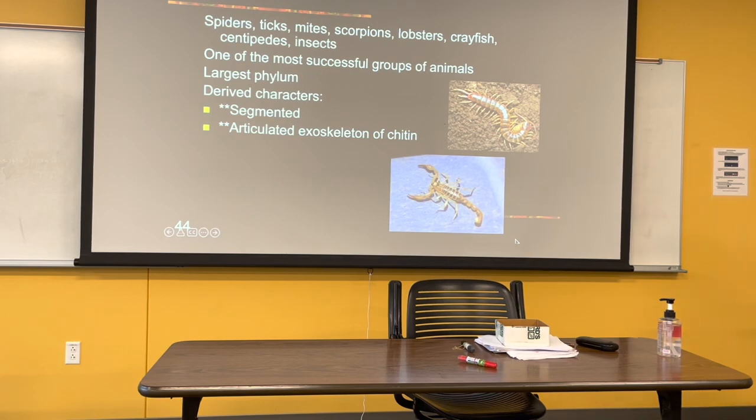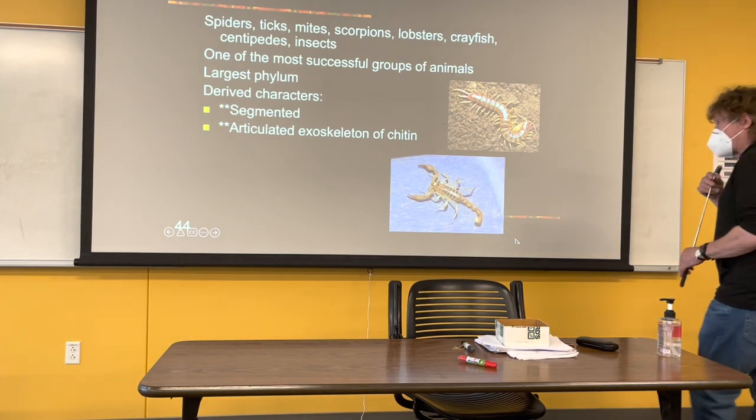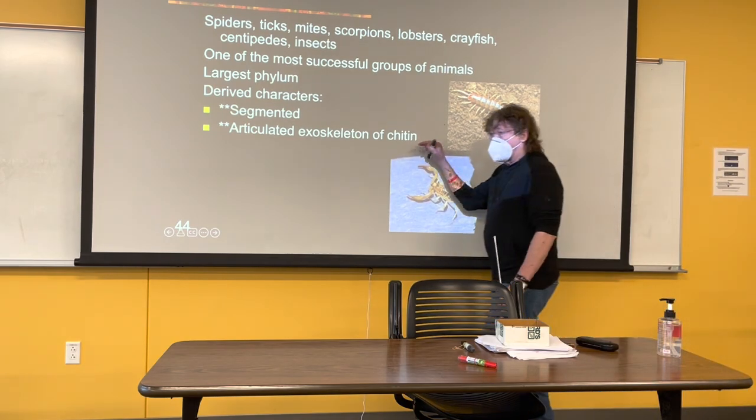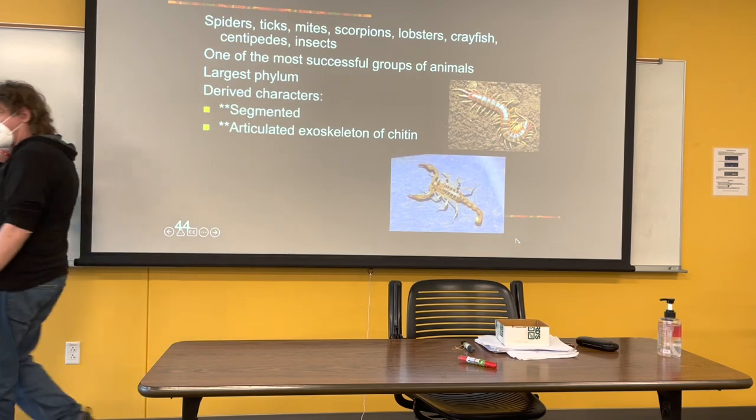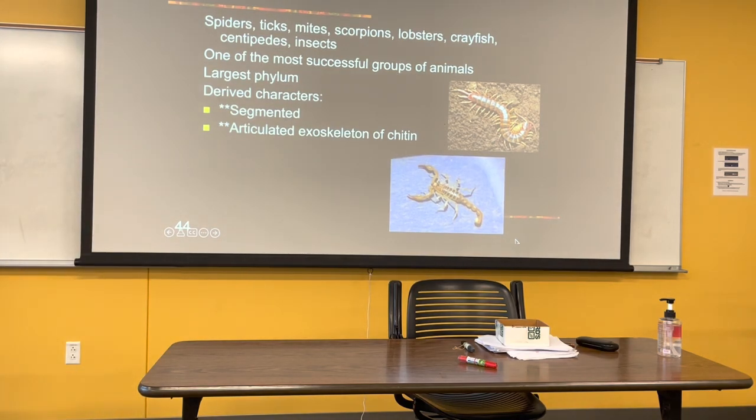And furthermore, they have an articulated exoskeleton of chitin. Now remember, these are ecdysozoans, and one of the derived characters of Ecdysozoa is that they have a cuticle, outside of the skin, outside of the epidermis. But in nematodes, that cuticle is primarily collagen. Here, that exoskeleton is still the cuticle.